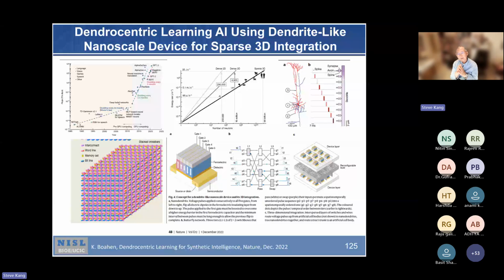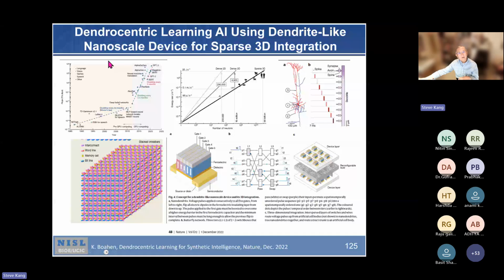So synaptic weight is used a lot, but more recently, people are extending that synaptic connection to dendrocentric learning AI. So this is more involvement.